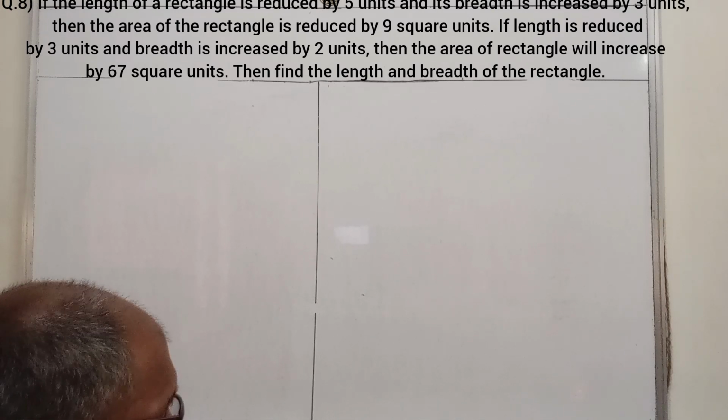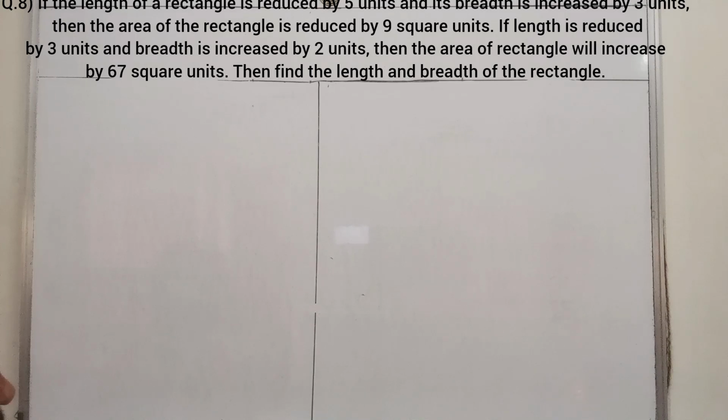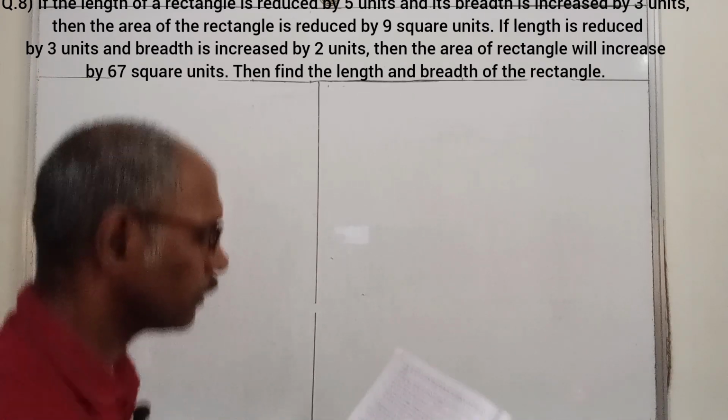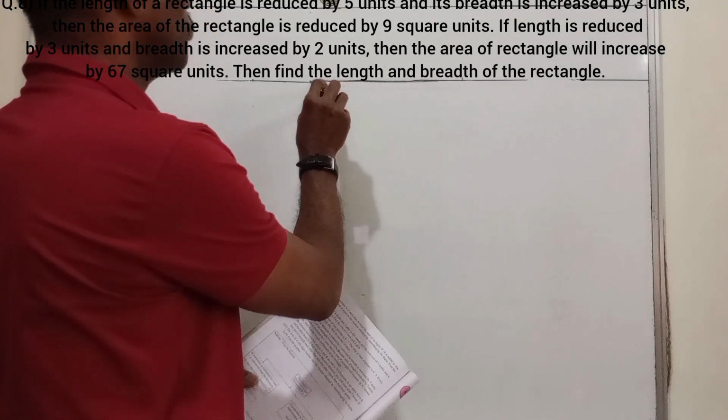If length is reduced by 3 units and breadth is increased by 2 units, then the area of rectangle will increase by 67 square units. Then find the length and breadth of the rectangle. Now see this.